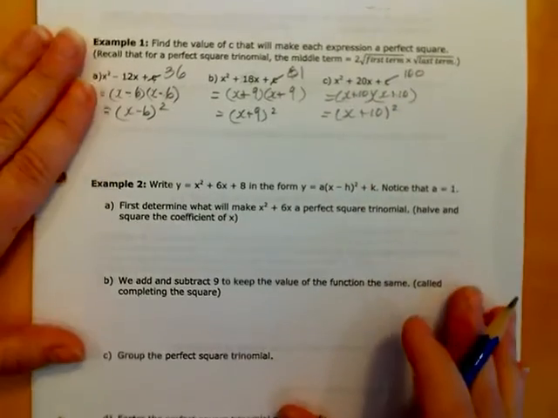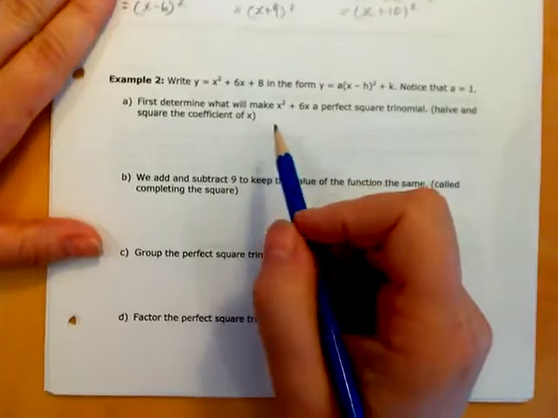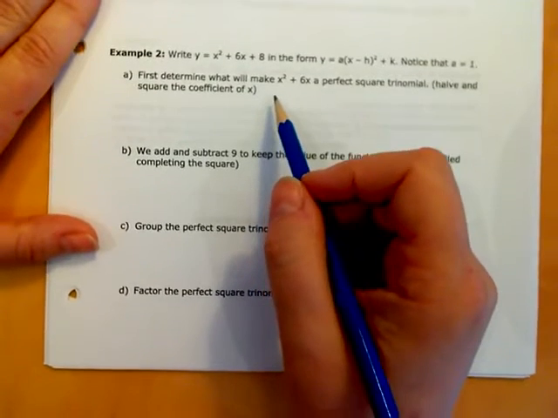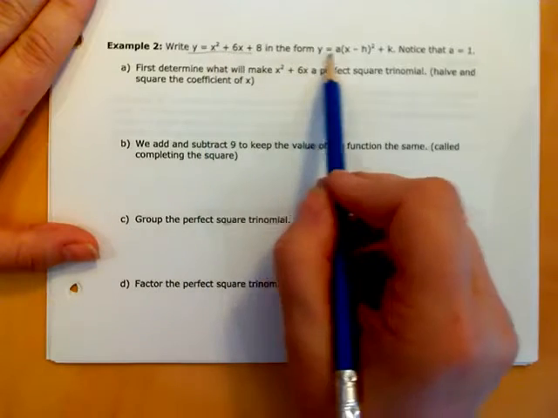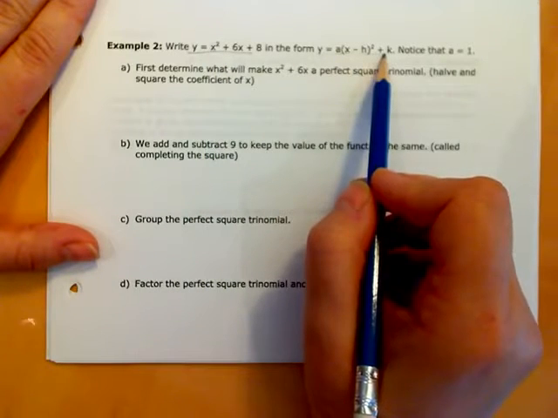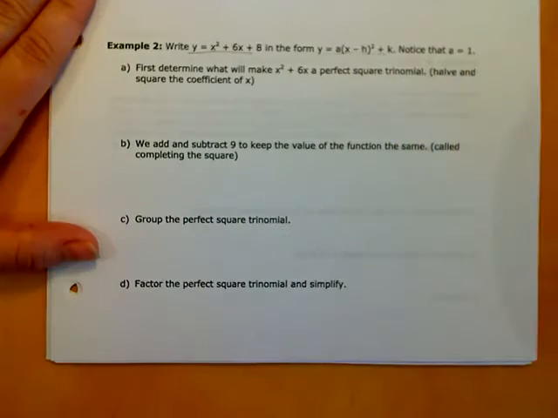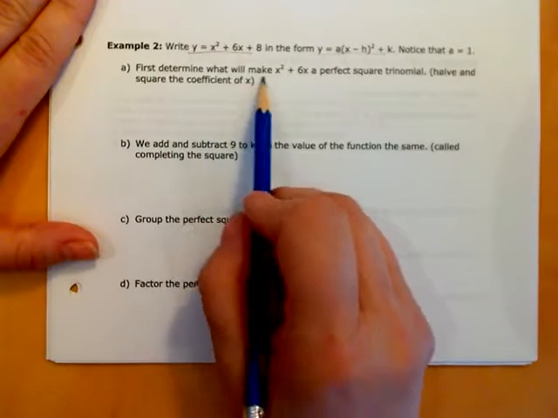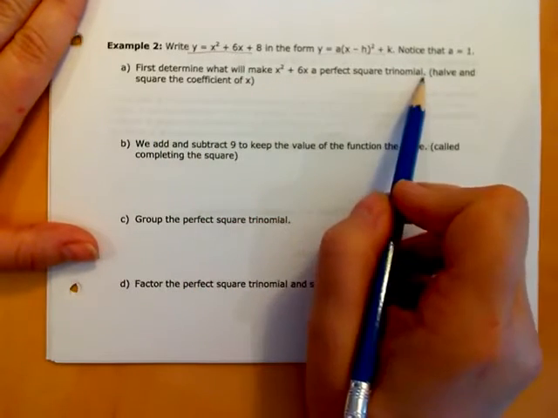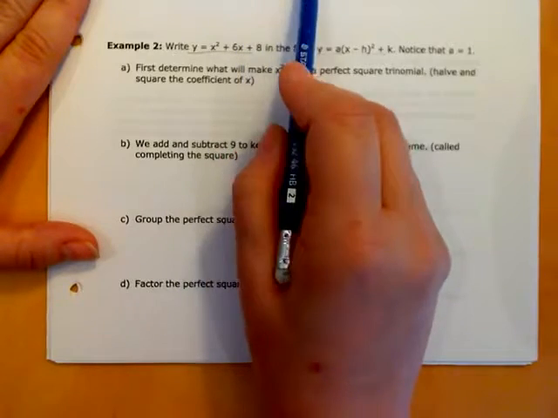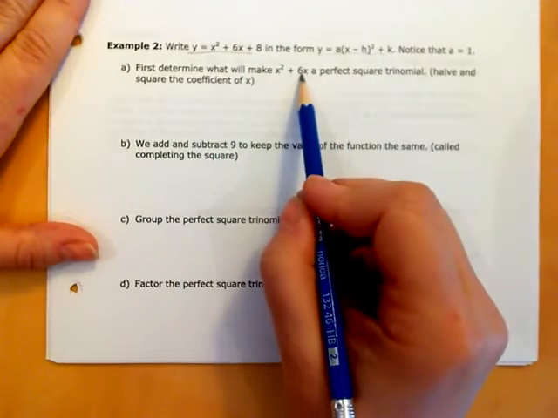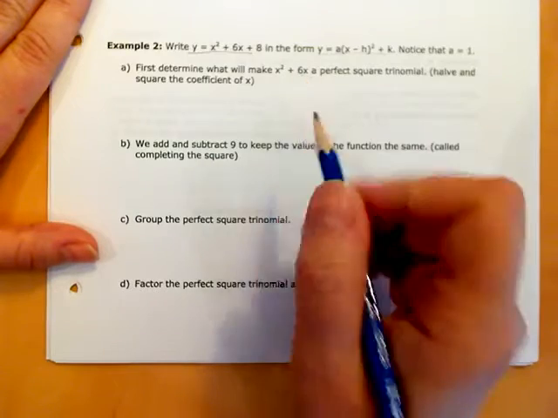So now let's take a look at the steps. I'm going to walk you through the steps one by one. When we have this and we want to put it in vertex form, here's what we do. First, we determine what will make this a perfect square trinomial. So we do exactly what we just did. We take it and cut it in half and then square it. So half of that is 3, and 3 squared is 9.